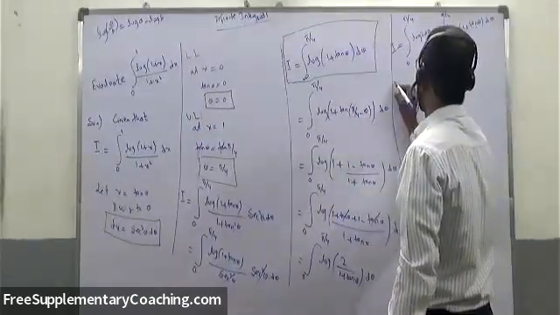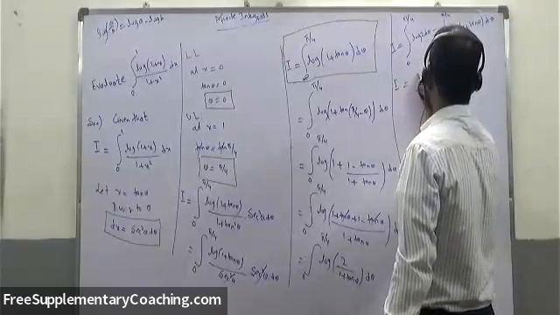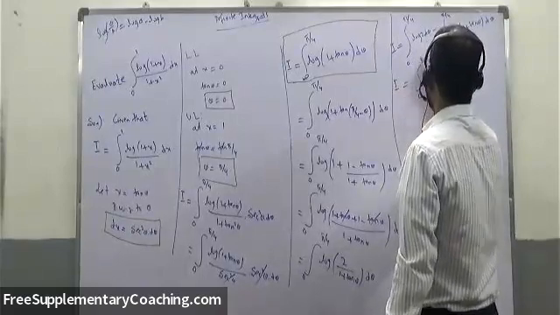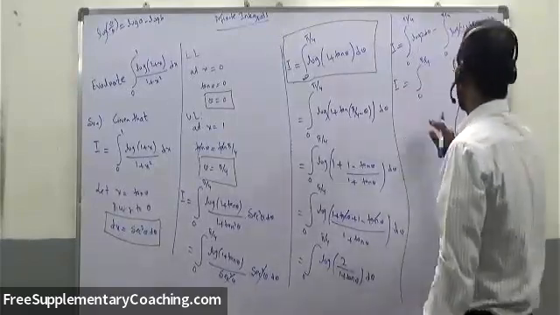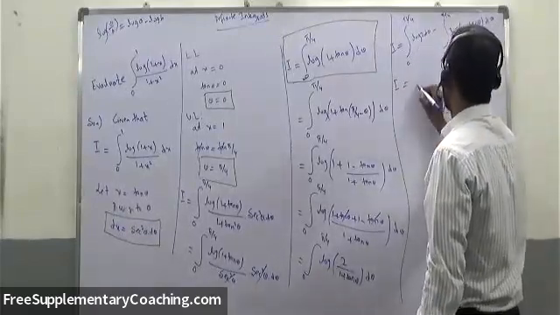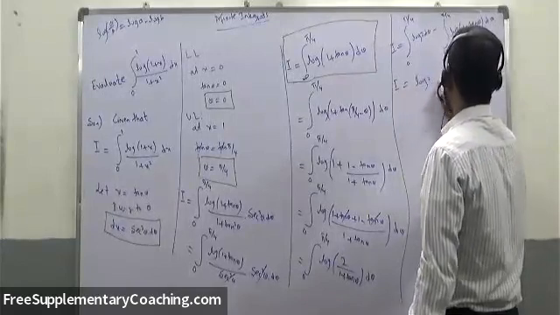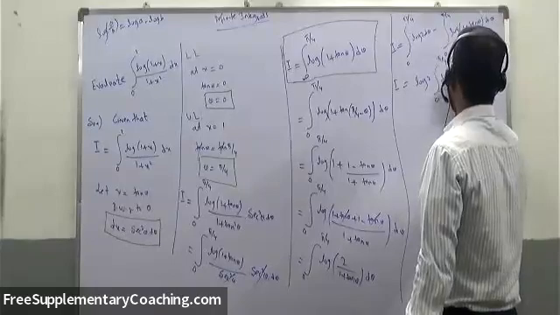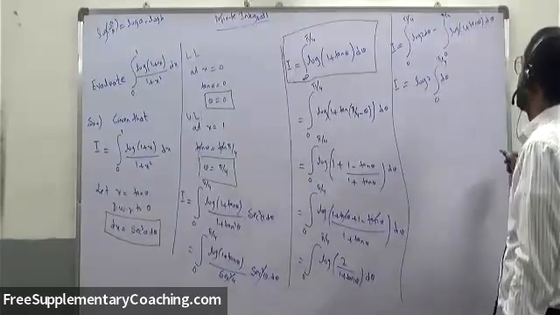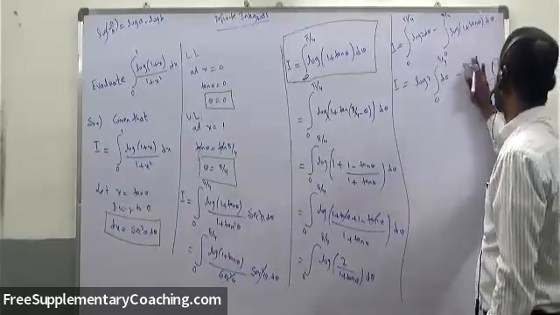So this becomes I is equal to integration of 0 to pi by 4. Take log 2 outside, it's of constant form, log 2, 0 to pi by 4 into d theta, 1 into d theta, just d theta, minus I.